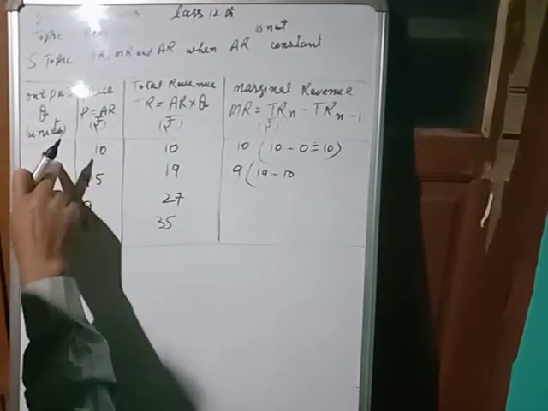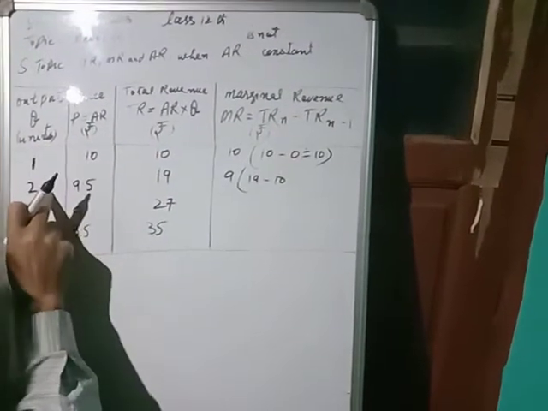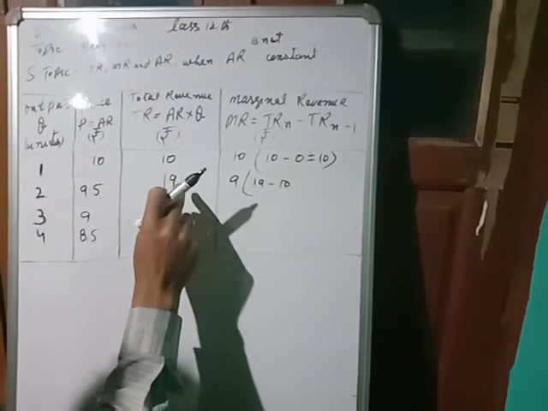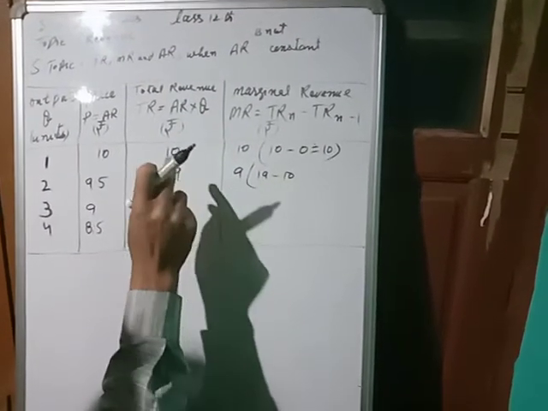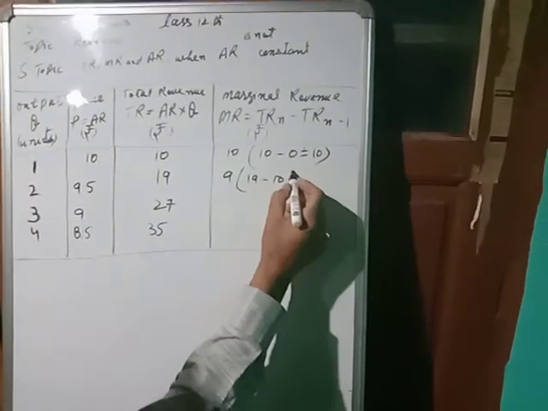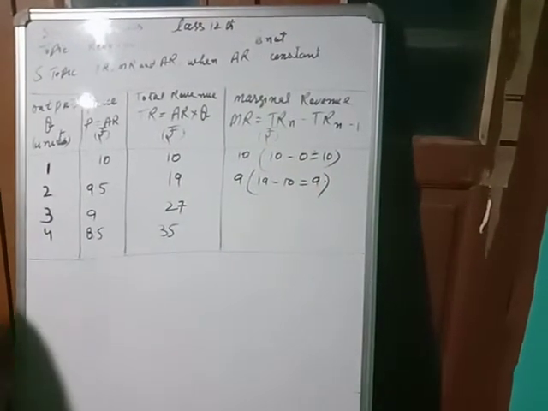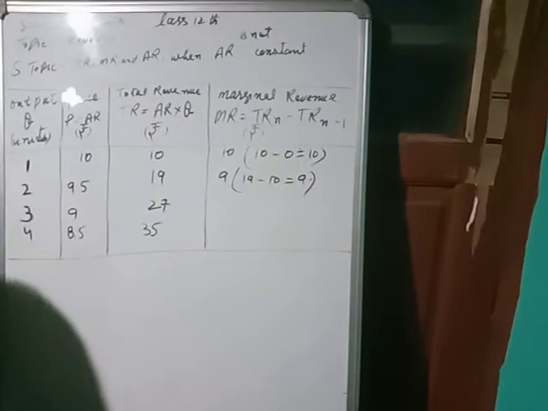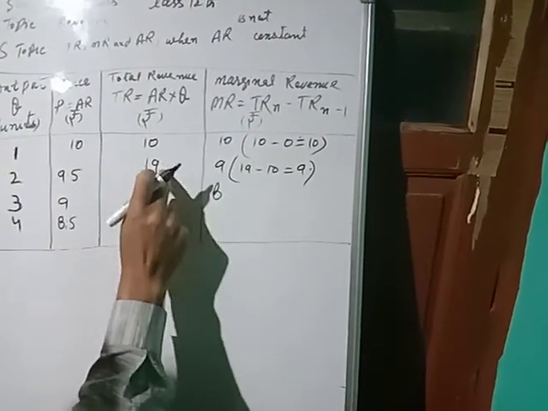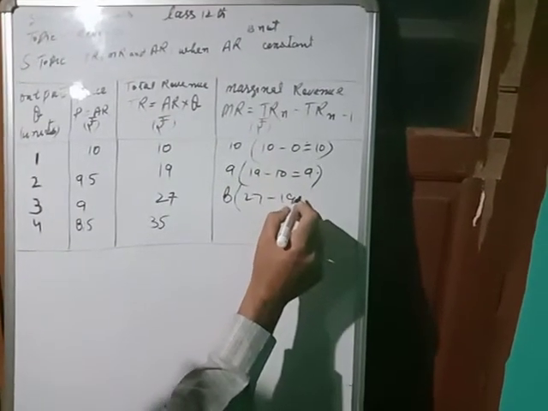When the first unit was produced, total revenue was 10. When the second unit was produced, total revenue was 19. So what is the value of the second additional unit? That is 19 minus 10 is equal to 9. When the third unit was produced, it is 8, that is 27 minus 19.